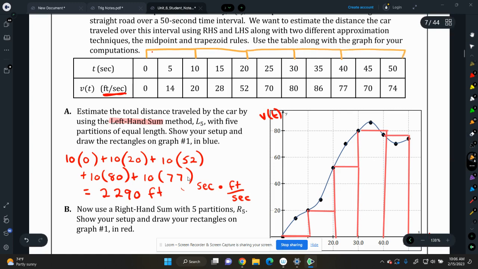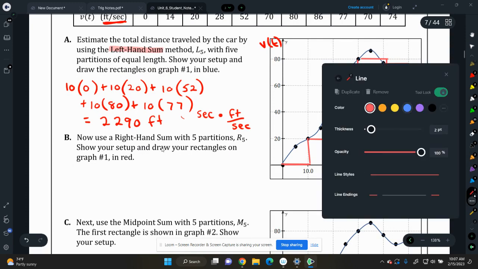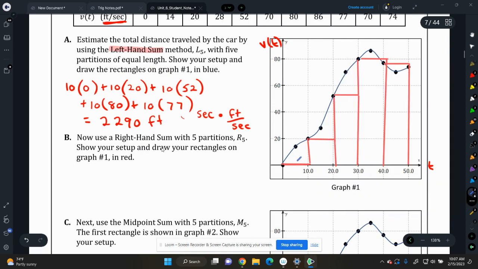Okay, so we're looking at the right Riemann sum this time. So let me just draw some little lines in there. Okay, so we're looking from 0 to 10. But the right edge of the rectangle is going to come in contact with the curve.